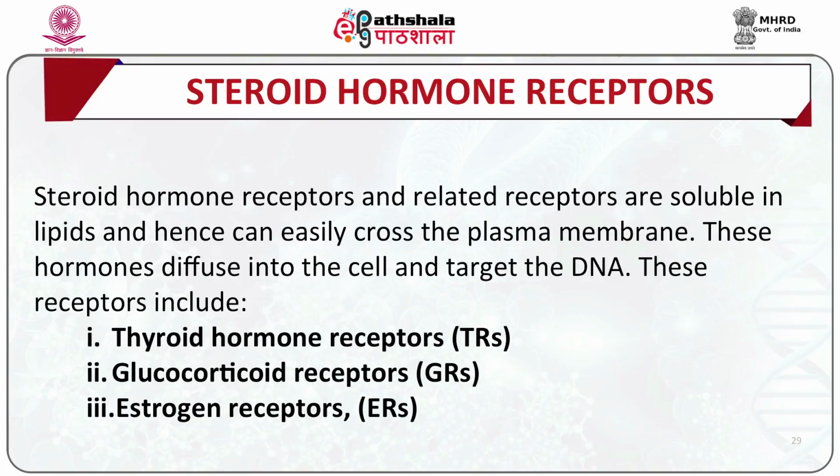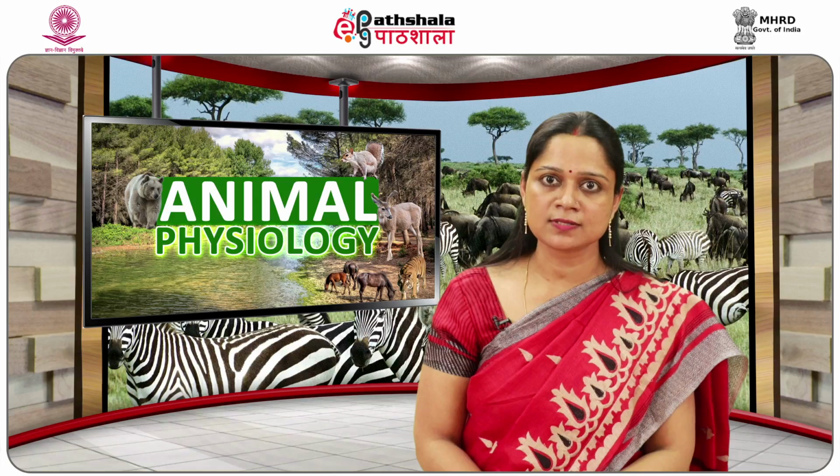Each steroid hormone receptor has 4 important domains: a transcriptional activation domain at the amino terminus, a DNA binding domain in the middle. The main function of this domain is to recognize the specific palindromic DNA sequences and response elements for steroid hormones within regulatory regions of the genes.